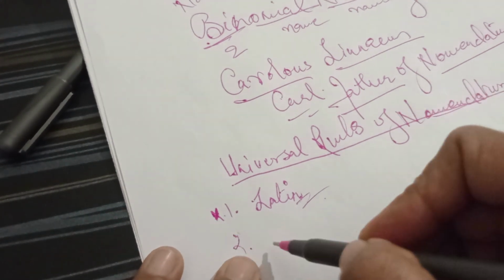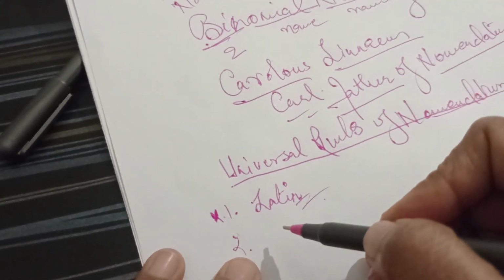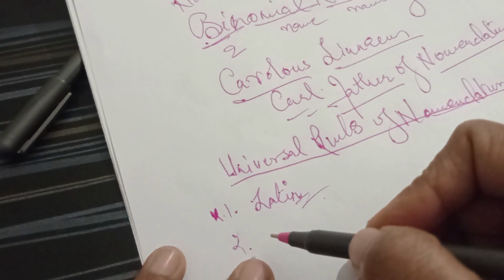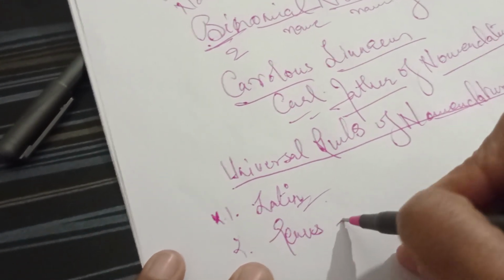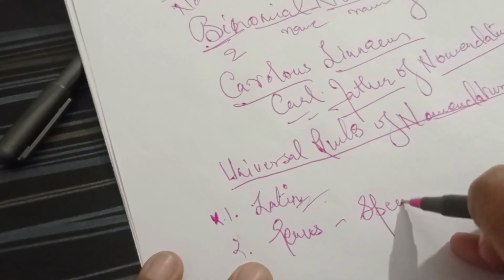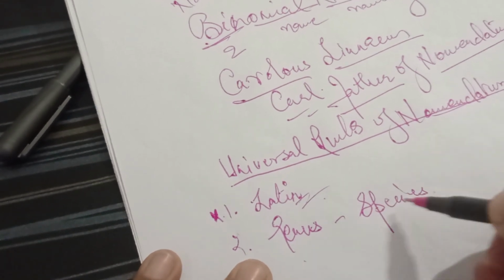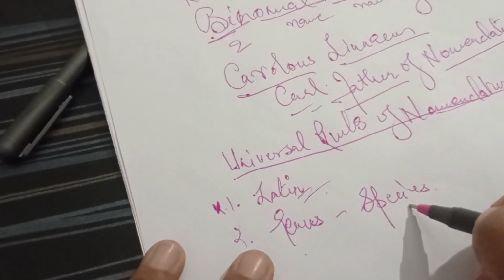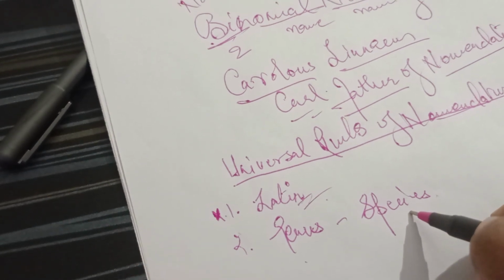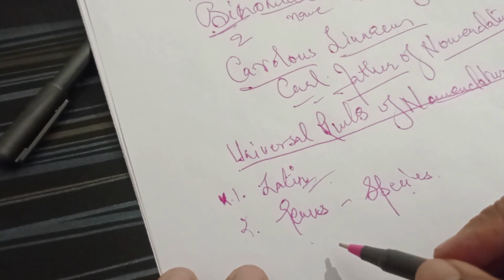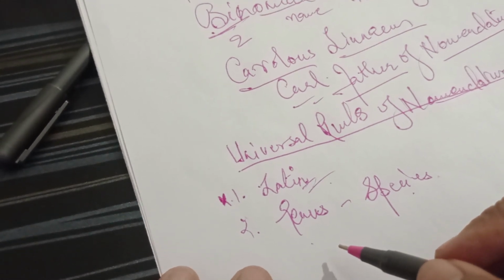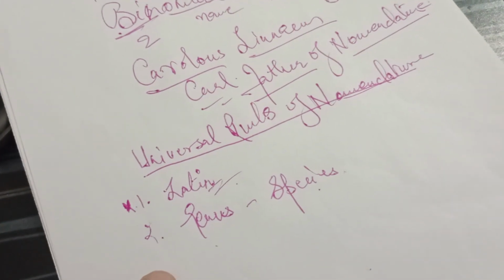Second, as I told you earlier, each scientific name or nomenclature includes the first name of the genus and the second name of the species, meaning generic name and specific epithet. Now there is an important rule which you have to remember throughout your studies of biology.